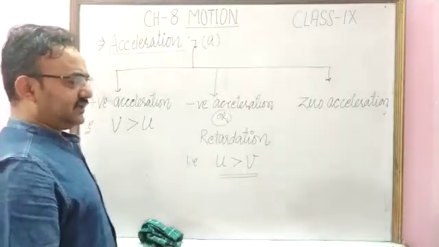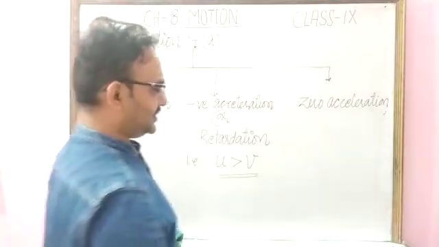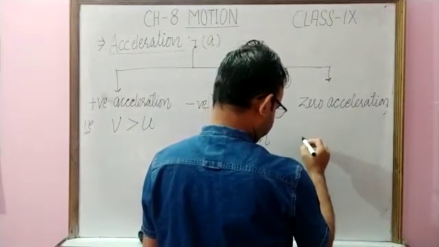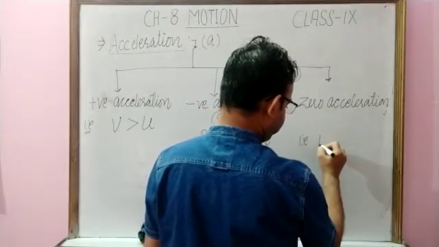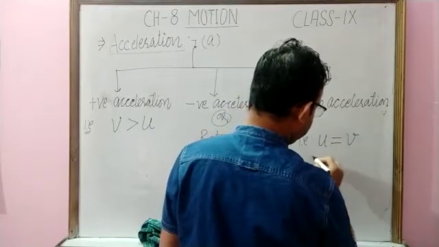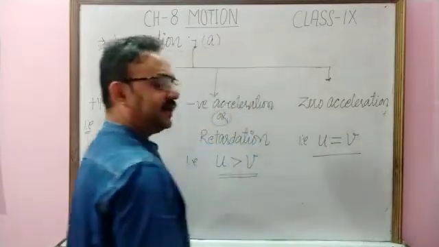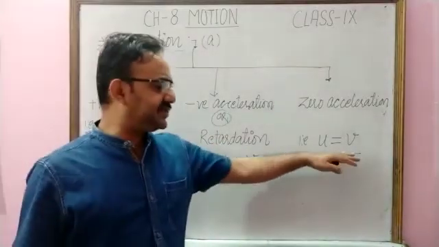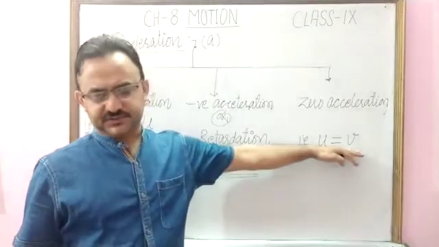Then the third one is zero acceleration. In case of zero acceleration, initial velocity is equal to final velocity, means there is no change in the velocities.